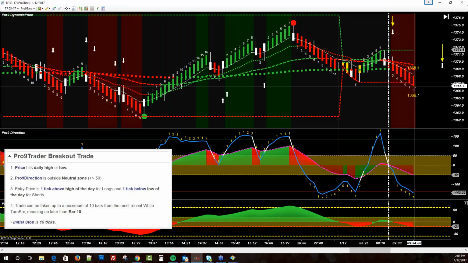And a very important distinction, because we don't want anyone to get in the habit of making late entries. Just as our other trades where we're looking for a continuation, we can either enter on the turn bar or the first color bar if it qualifies on one of those two bars. We don't want to see the trade qualify and enter on the DPI that creates the third color bar or any bar later than that.